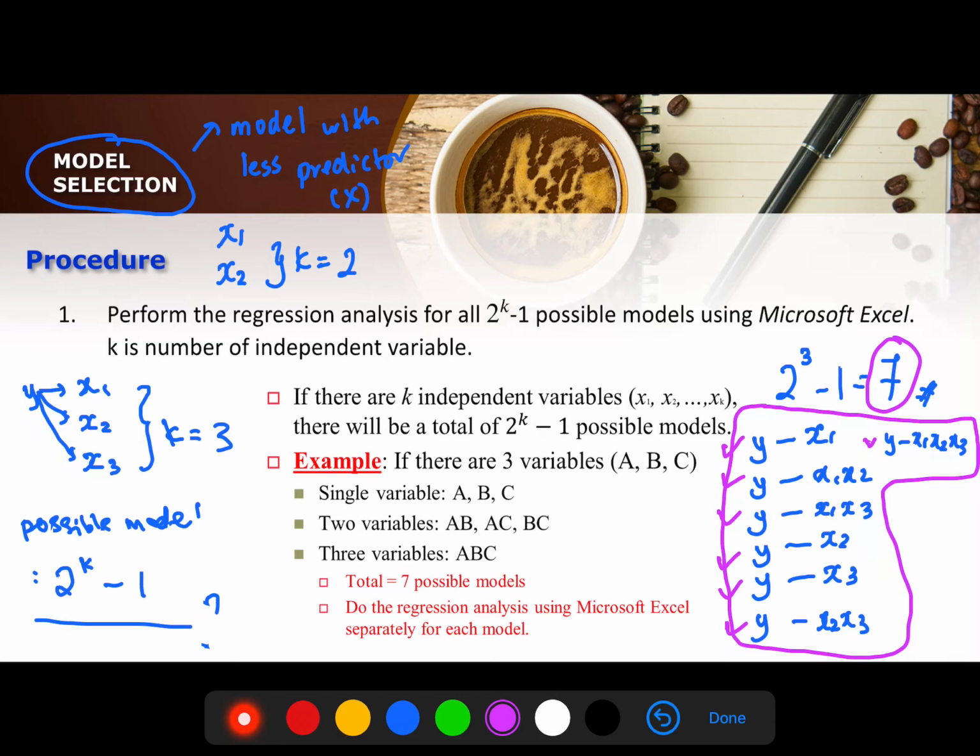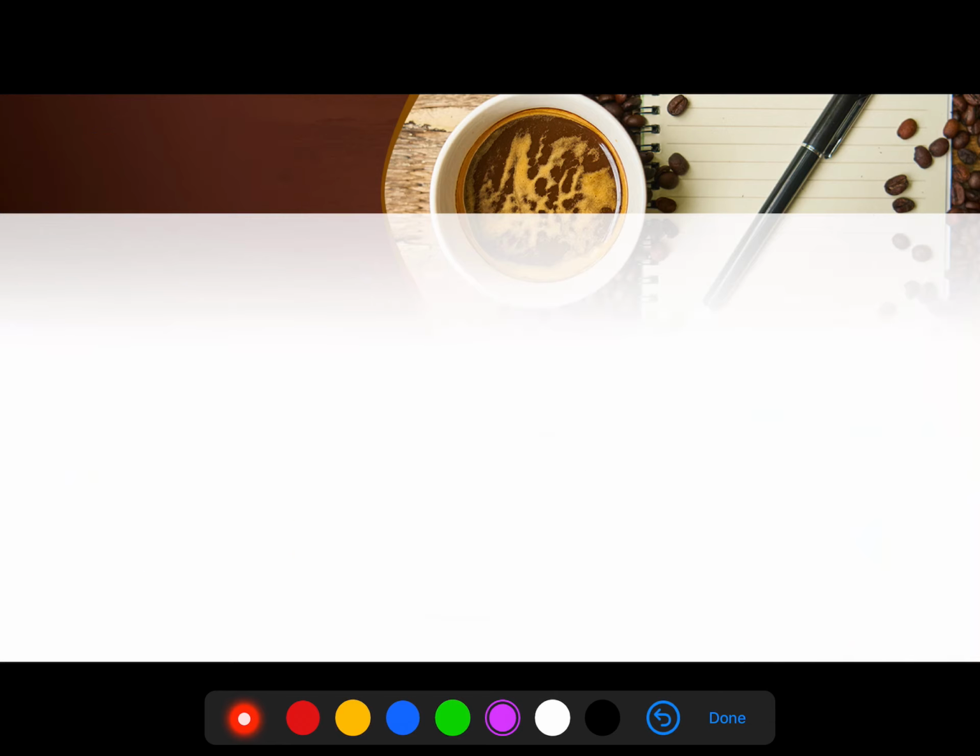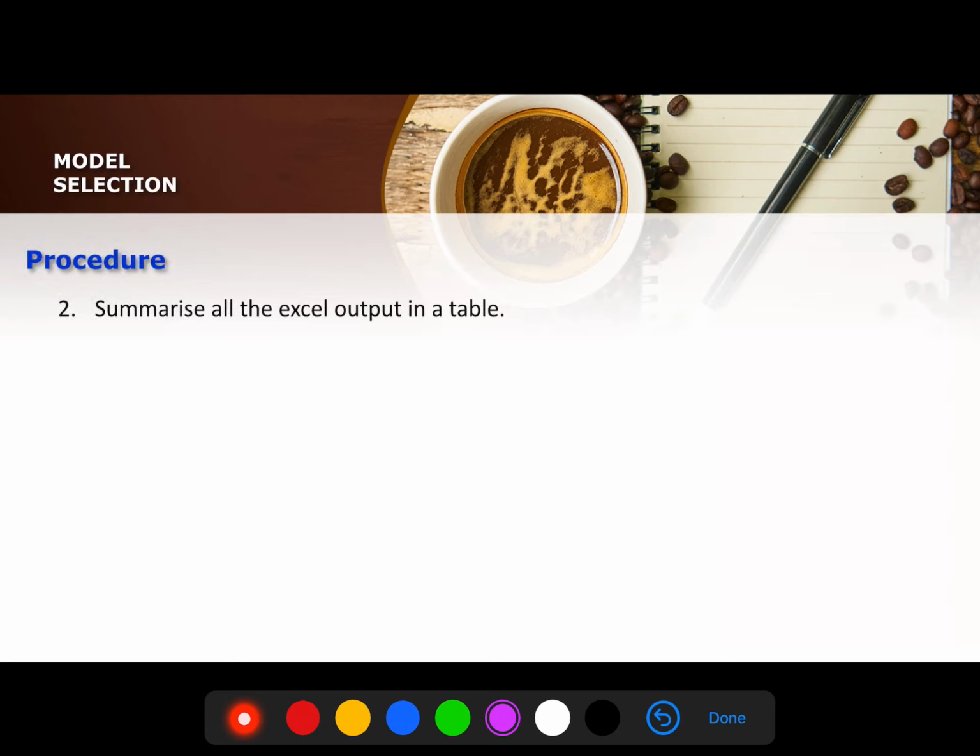So let's look at the procedure to do the model selection. First, you need to find the possible models, where the formula is 2 to the power of k minus 1. Step number 2, summarize all the possible models from the Excel output in a table.